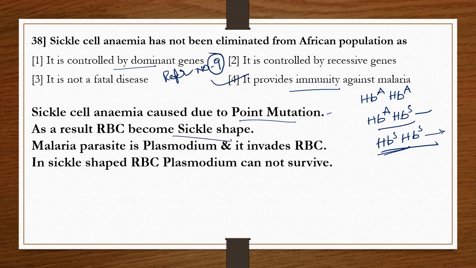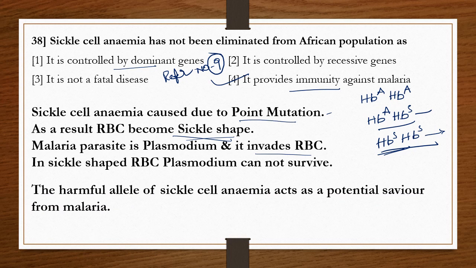The malarial parasite Plasmodium generally lives in the RBC. When the RBC becomes sickle shaped, it cannot survive in those red blood cells. So in carriers, the harmful allele of sickle cell anemia, which causes the disease when present in homozygous condition, acts as a potential savior against malaria.